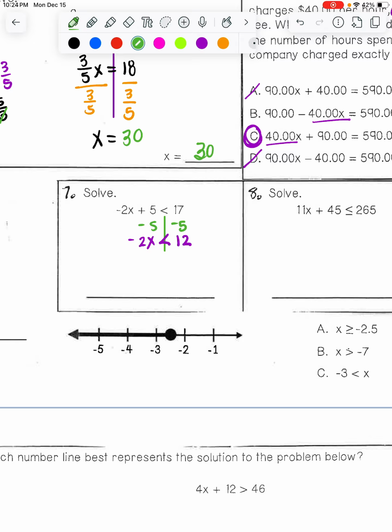The rule is if I divide or multiply both sides of an inequality by a negative number, like I just did here, I have to turn my inequality sign around. So I still get the same value calculating wise. It's just I have to make sure I write my answer correctly, which would be x is greater than negative 6. Again, I had to flip that inequality because I divided both sides by a negative number. That's number 7.